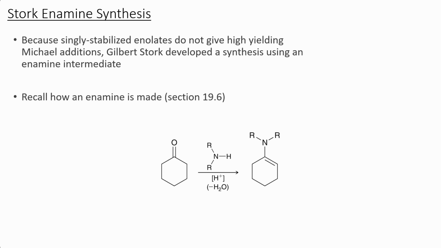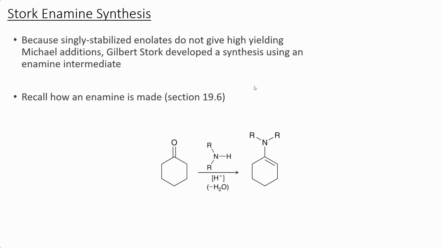So the last reaction that we're going to look at is the Stork enamine synthesis. Singly stabilized enolates do not give high yields in the Michael additions. Remember, we only had high yields when we used the enolates that were stabilized by 2 carbonyl groups. So in the Gilbert-Stork enamine synthesis, we're going to be using an enamine as an intermediate.